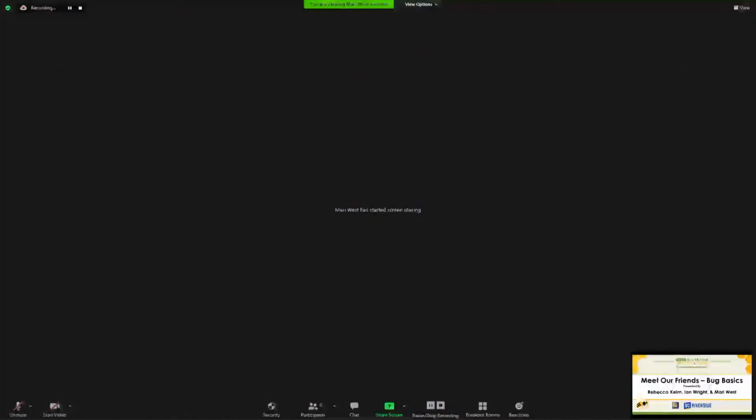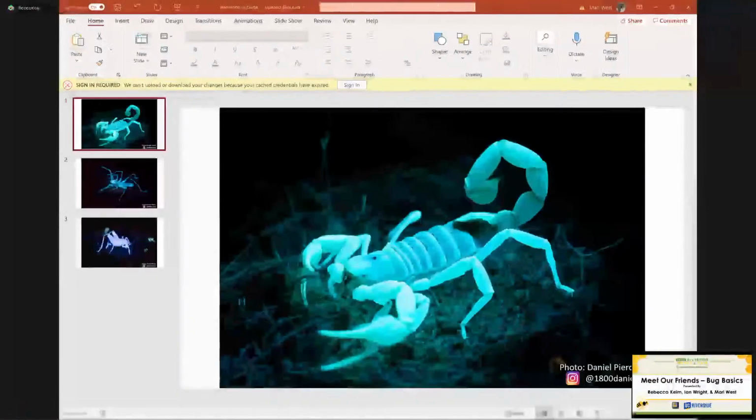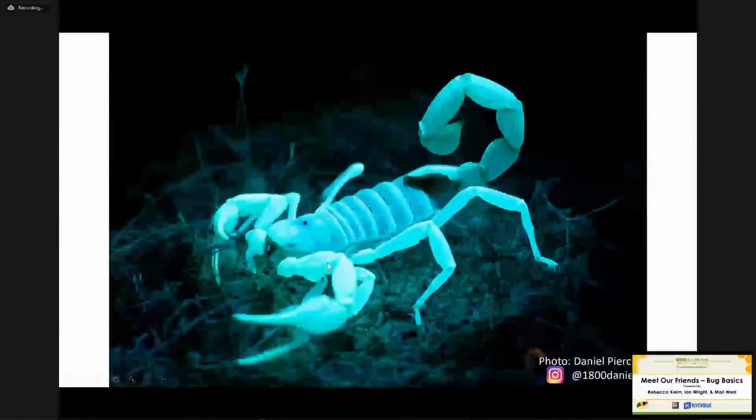So I'm just going to show a few more UV bugs. I'm saying bugs here because actually most of the bugs that glow under UV light are not insects, they're arachnids. So this is a scorpion, which is an arachnid. It has 8 legs.